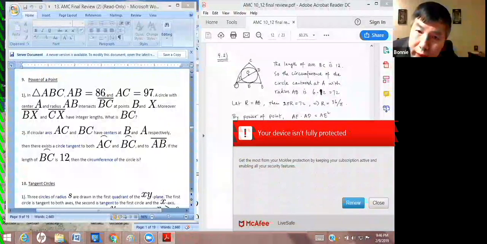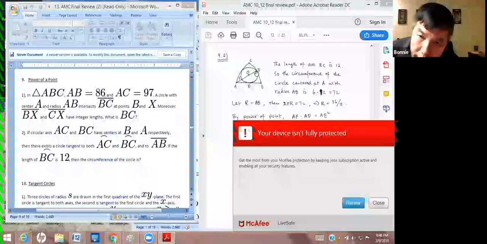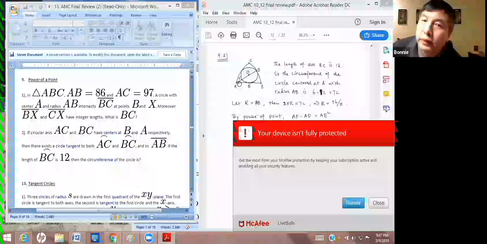A is the center of the bigger circle, O is the center of the small circle, and D is the tangent point. So that means D, O, and A must be on the same line.